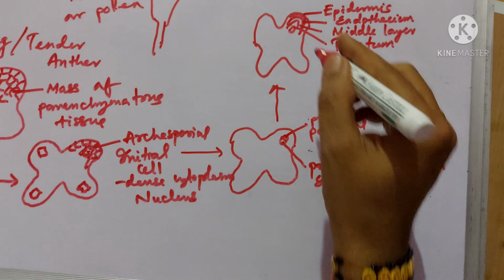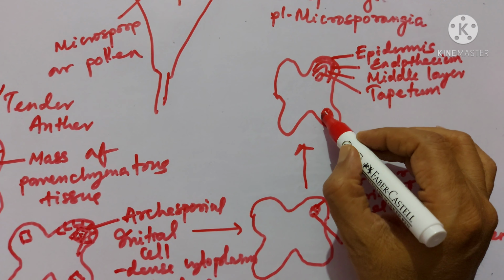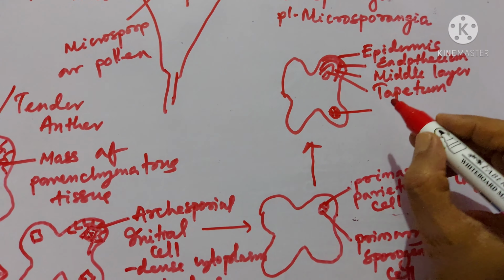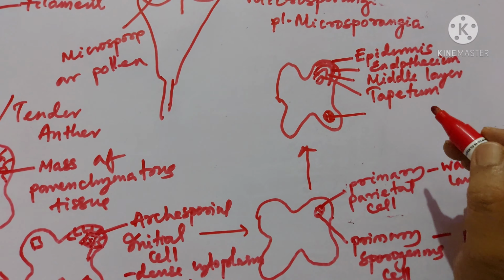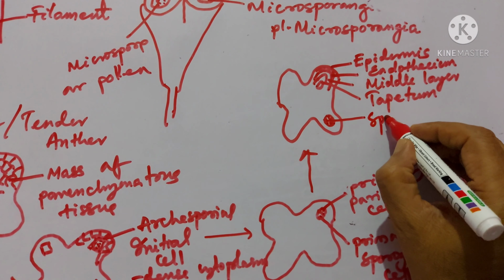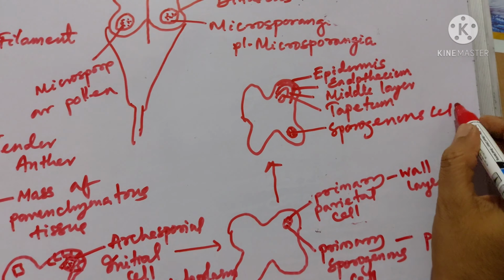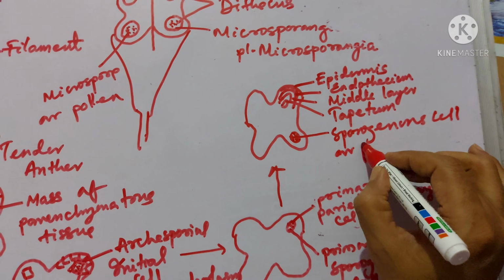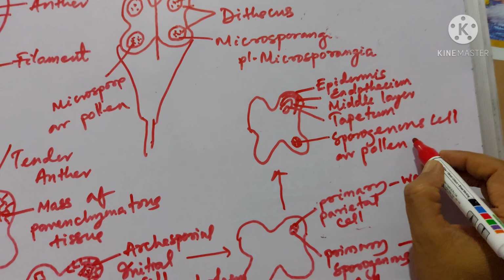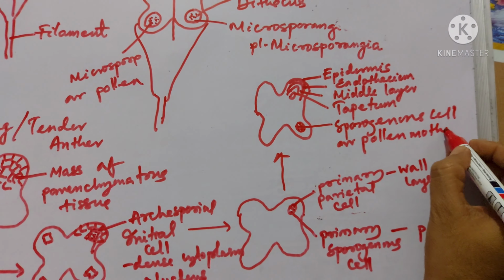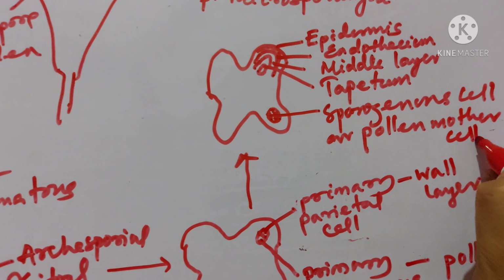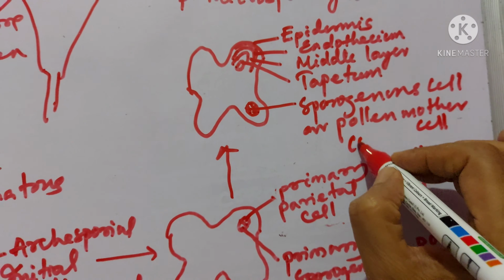And inside the cavities or the sac, before formation, it is filled with a large number of cells called sporogenous cells or pollen mother cells, PMC, pollen mother cell.